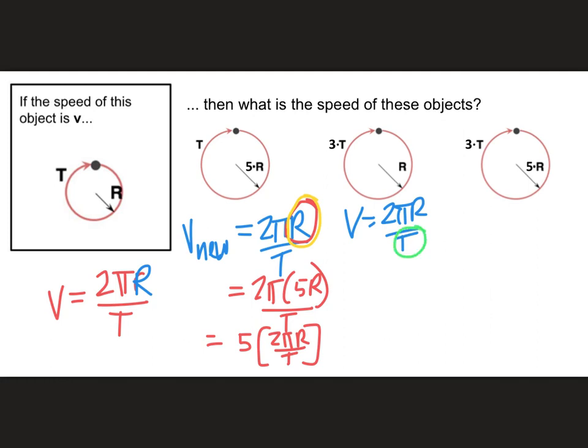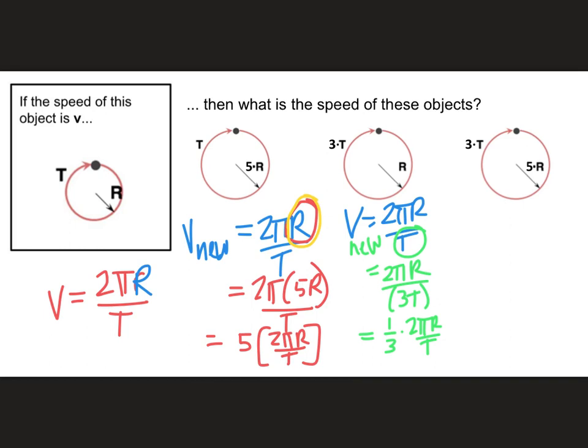So 2 times pi times R divided by now 3T instead. And so I could pull out 1 over 3, got to keep the 3 on the bottom, times the original amount. And so my new speed would be 1/3 times the original speed. This is the new one.